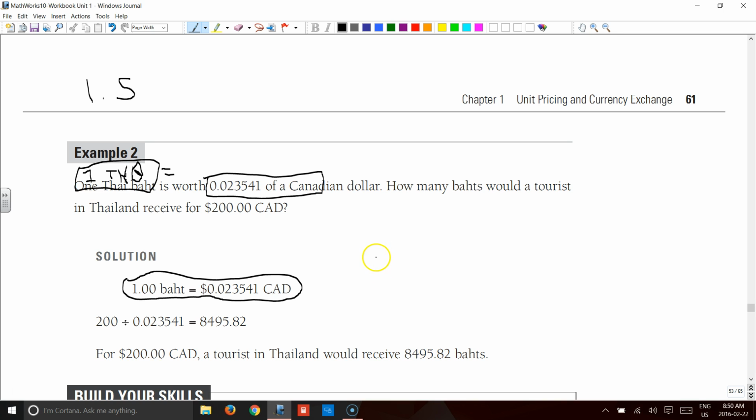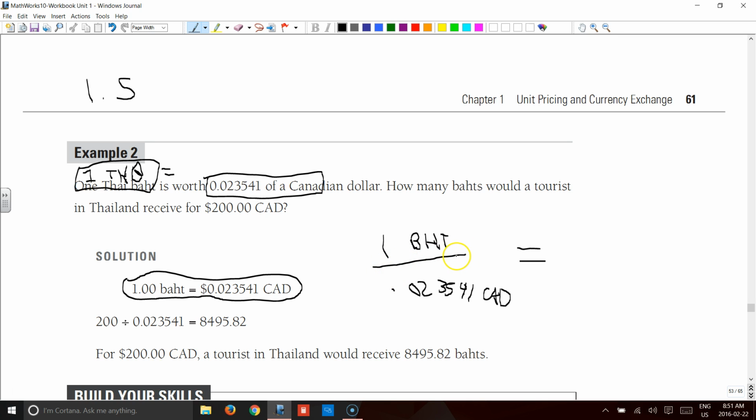So I'm just going to go ahead and put 1 baht is worth 0.023541 Canadian. Okay. I know that's terrible writing. Doing the best I can here. Okay. So that's our exchange rate written in a ratio.